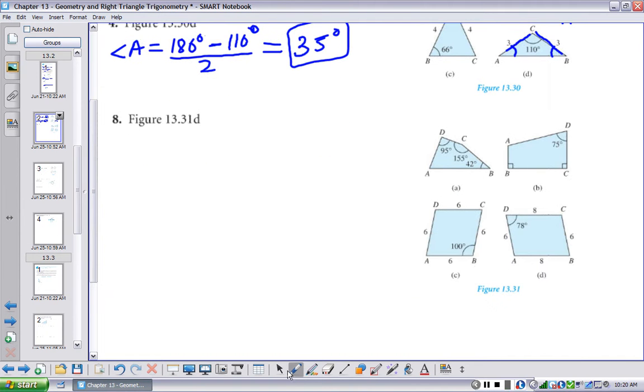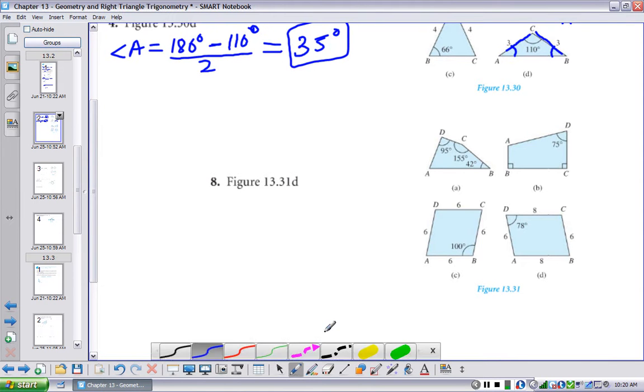Okay. Next we're going to look at number 8. Here we're looking at this figure, part D. And what they want us to find here, again, is angle A. Now, here we know that this side is 6 and this side is 6.